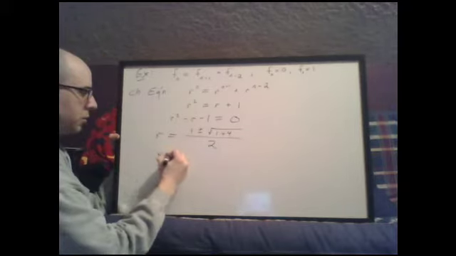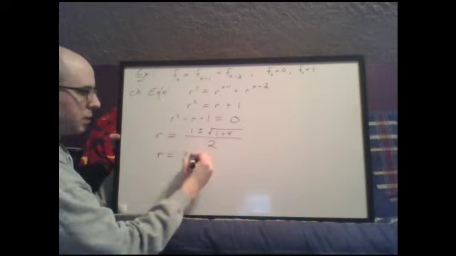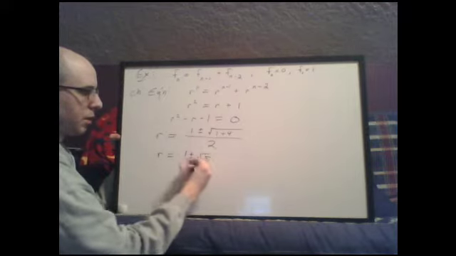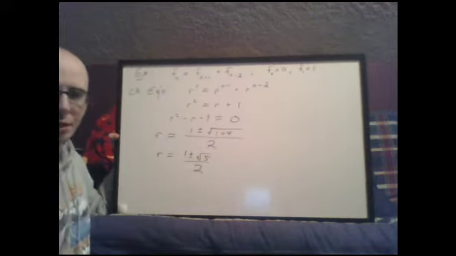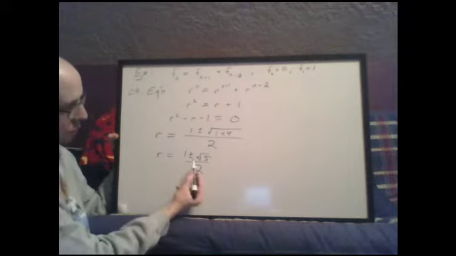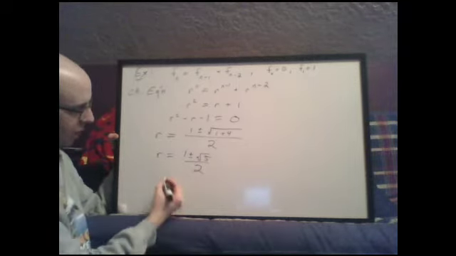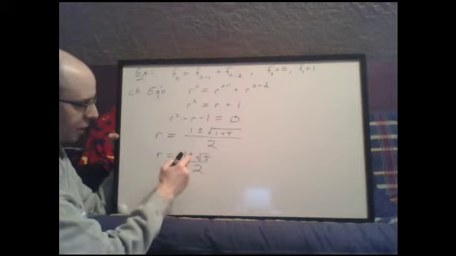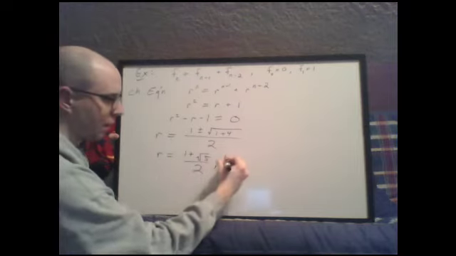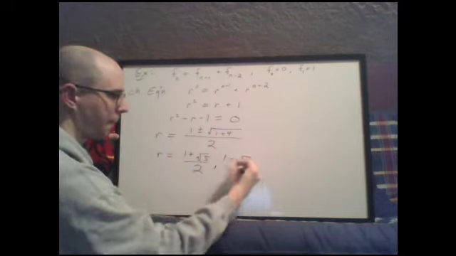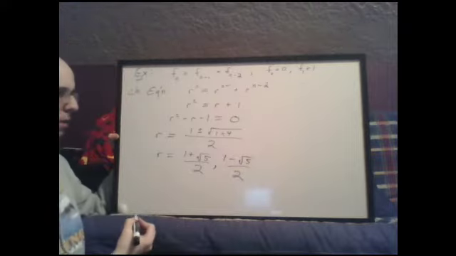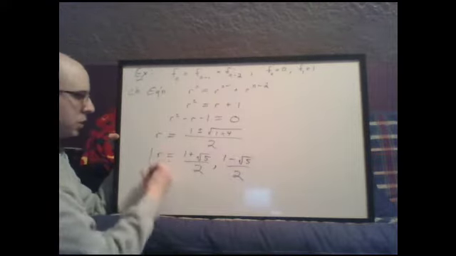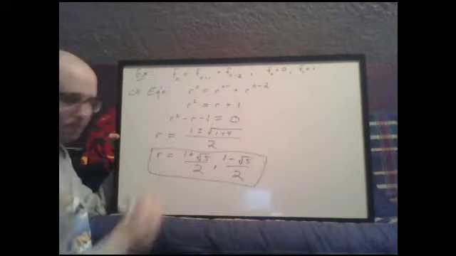So r equals 1 plus or minus the square root of 5 over 2. So we've got our two solutions, one with plus and one with minus. Let me write them separately, actually. Okay, so these are our solutions to the characteristic equation.